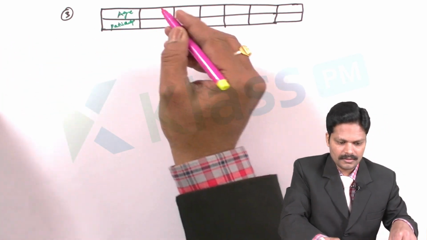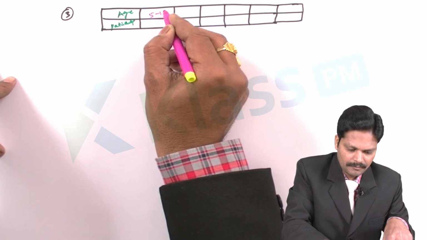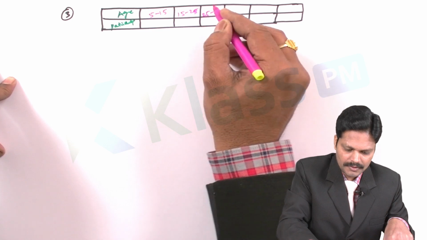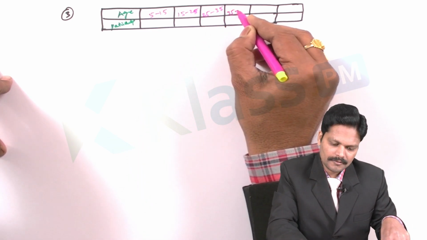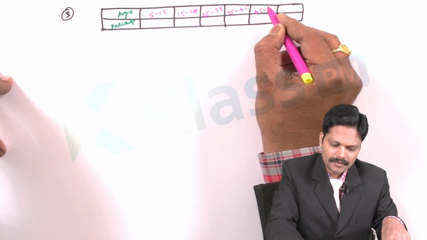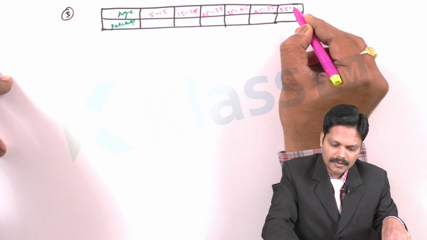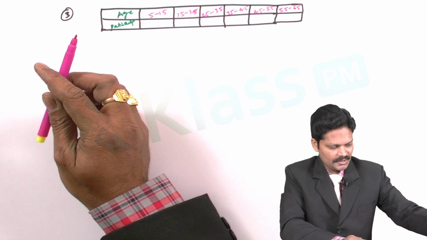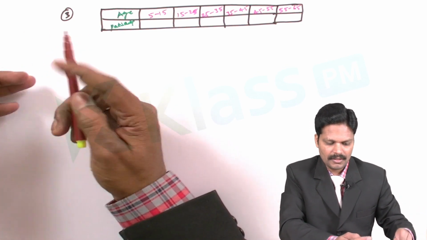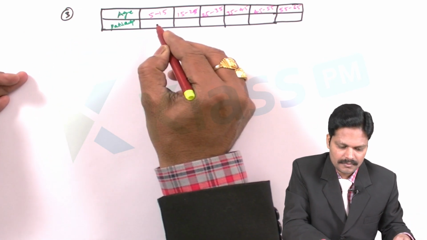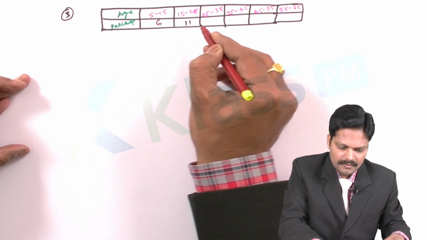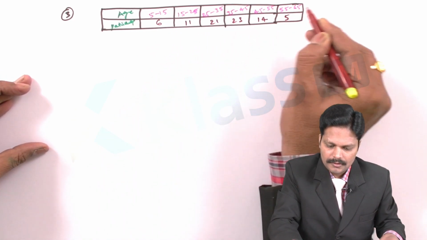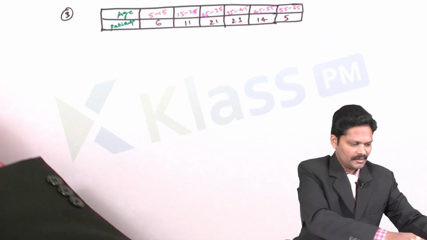So I'm taking the ages between 5 to 15 and 15 to 25 and 25 to 35, 35 to 45, 45 to 55, 55 to 65 age group we are having. And patients we are having in particular age 5 to 15 years we are having 6, then 11 and 21, 23, 14 and 5. This is the data we are having here.